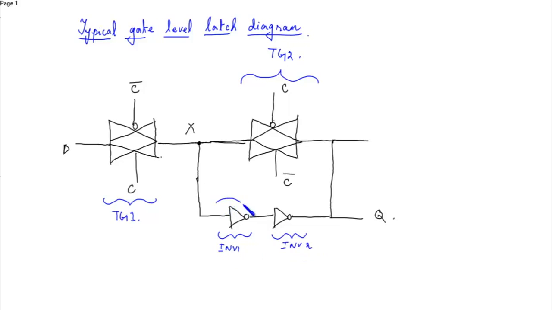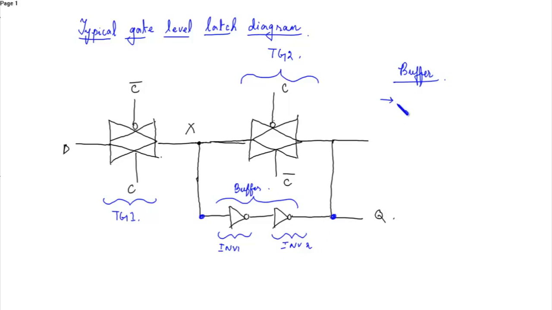This whole acts as a buffer. So whatever you apply here, you'll get the output over here. Why is this buffer needed? What is the significance of the buffer?